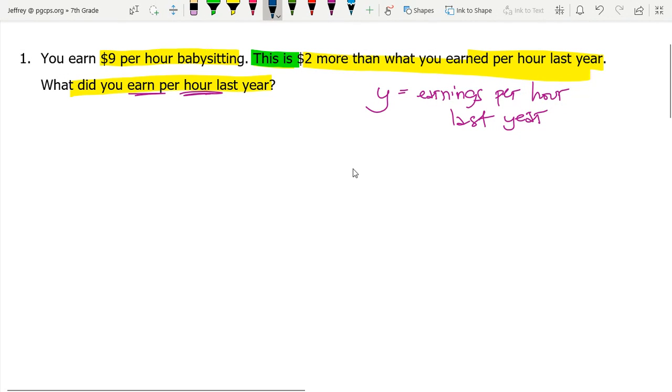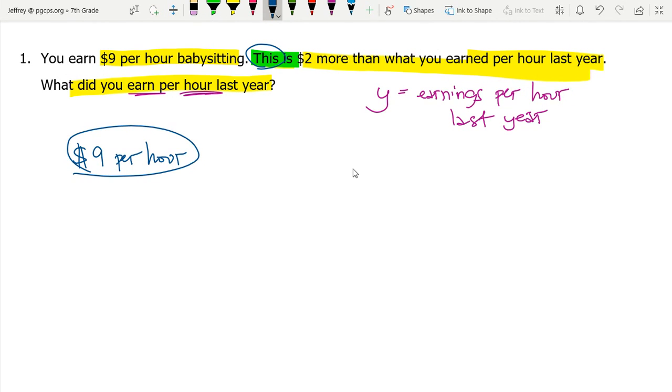So now let's try to understand the statement. You earn $9 per hour, right? So this represents $9 per hour. This would represent your equal sign. 2 more than, so this is 2 more than last year, right?